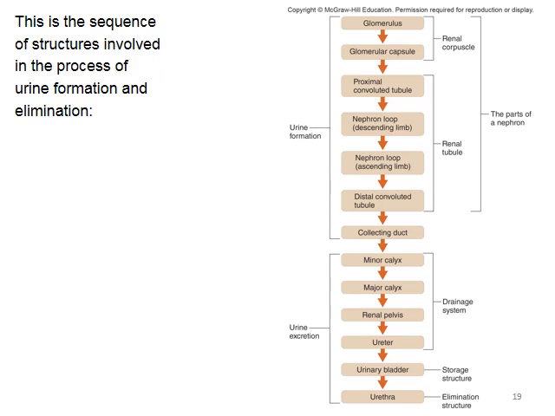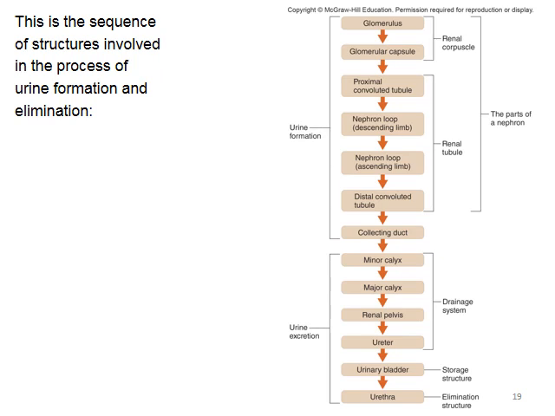When multiple of the minor calyx come together to form the major calyx, you would then combine the major calyx into the renal pelvis, and then the renal pelvis is going to drain the urine into the ureter. Okay, so the drainage system is composed of minor calyx, major calyx, renal pelvis, and the ureter.